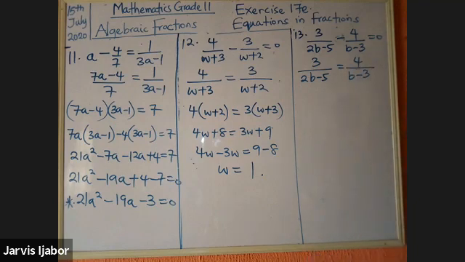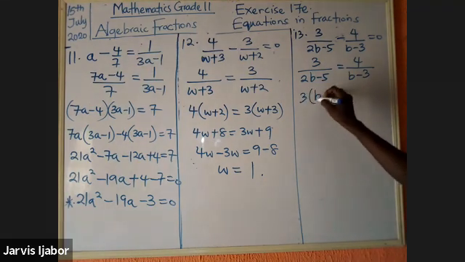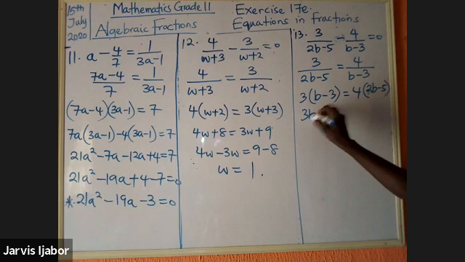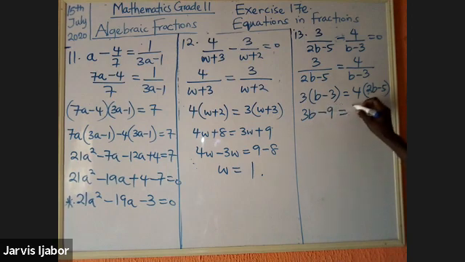How did I get that? I added the additive inverse to both sides, and I obtained that. So this will give me 3 into b minus 3 equal to 4 into 2b minus 5. This will give me 3b minus 9 equal to 8b minus 20.